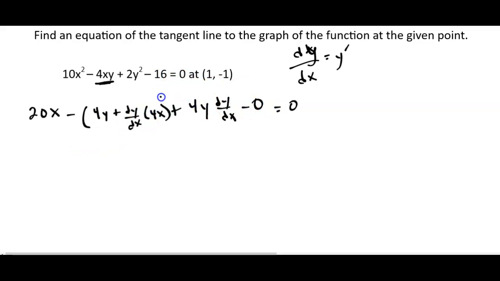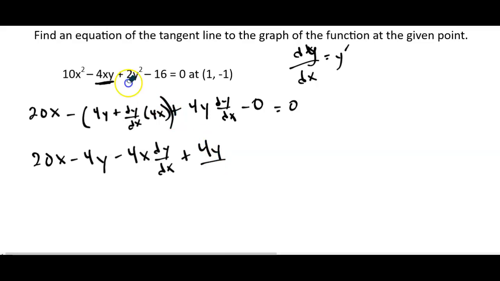So now I just need to simplify all this. 20x minus 4y minus 4x dy over dx plus 4y dy over dx equals 0.